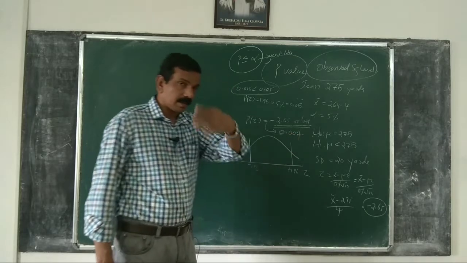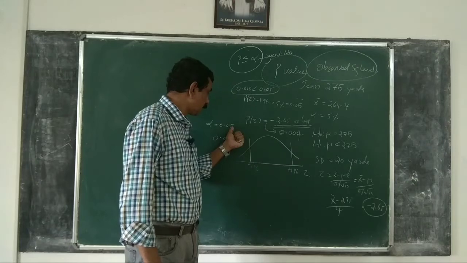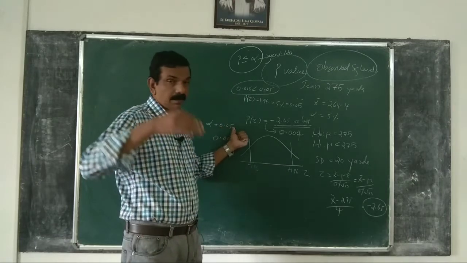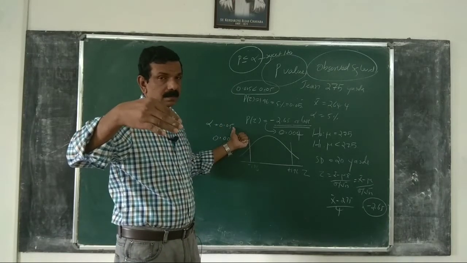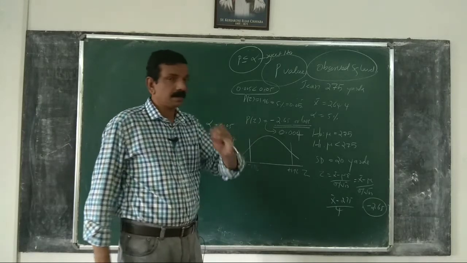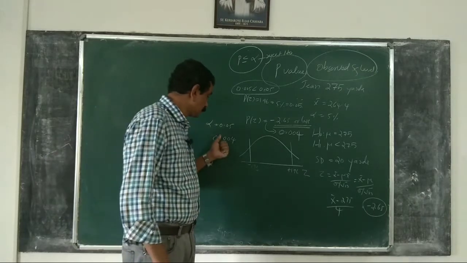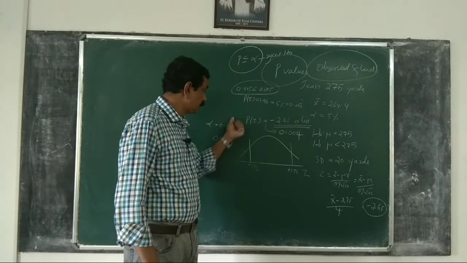When we reject a null hypothesis as per the critical value approach, we will be committing 5 mistakes out of 100. But the actual probability of committing a type 1 error, rejecting H0 when it is true, is only 4 in 1000, not 5 in 100.